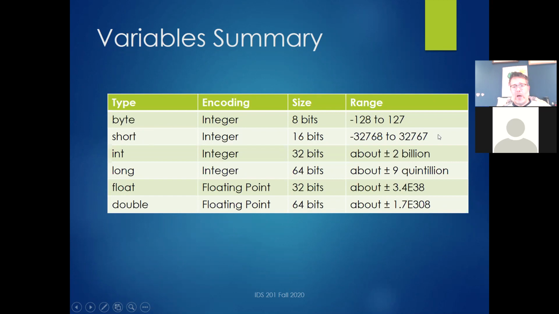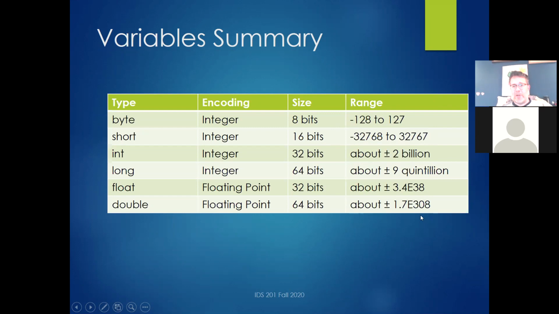For example, a byte number can always be represented by a short number, right? So the range of a short encompasses all the possibilities of a byte. Likewise, the long encompasses all the possibilities of an int or a short or a byte. Likewise, any double variable can represent any of these.